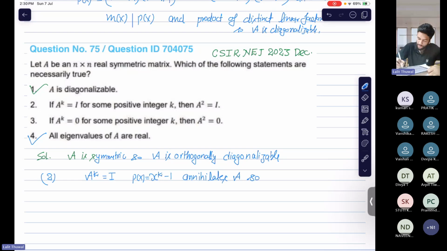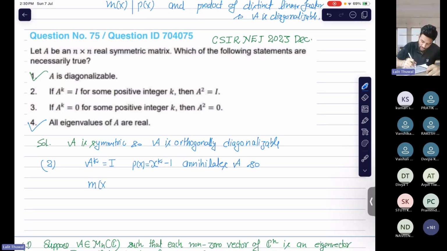So Px is an annihilating polynomial for A. So the minimal polynomial, which I'm denoting by mx, will divide x to the power k minus 1. One property of the minimal polynomial is that every root of the minimal polynomial is an eigenvalue of the matrix.